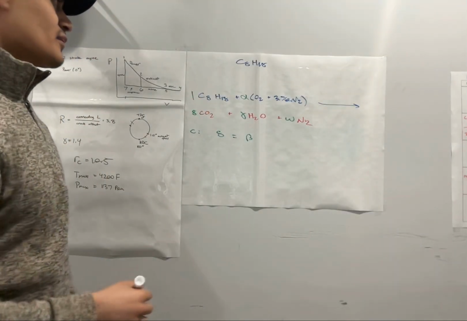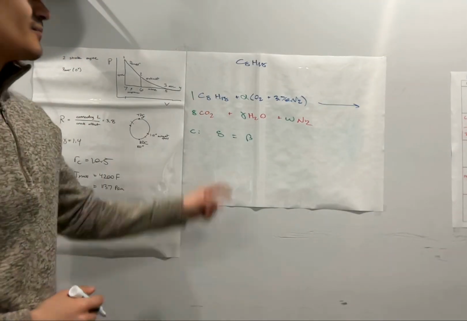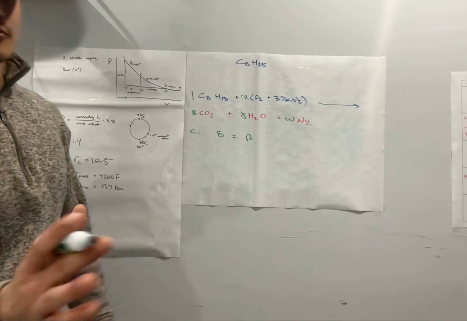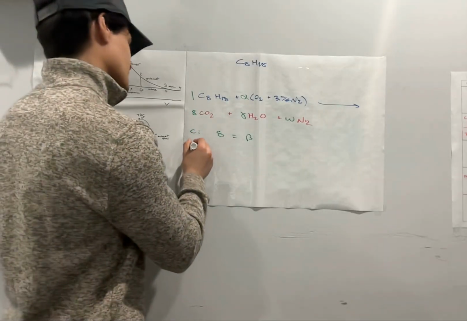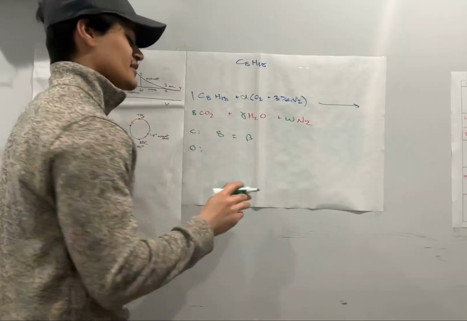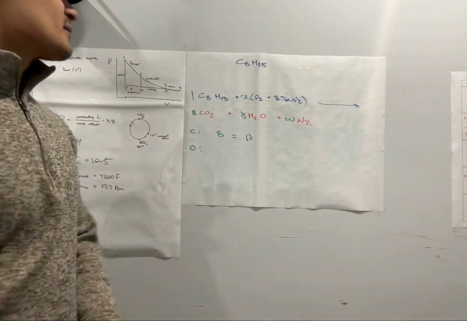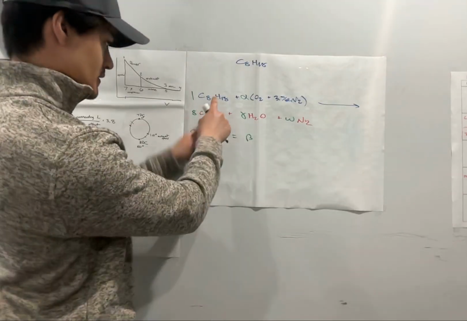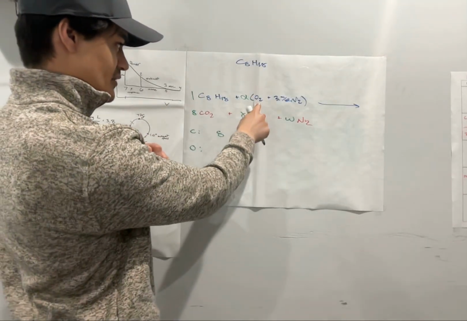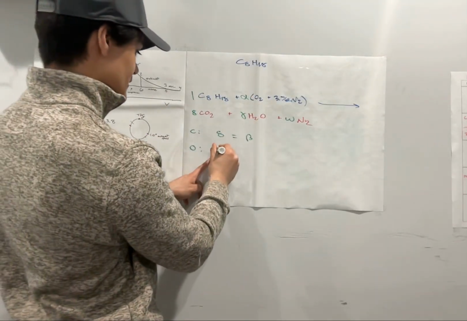We can go with hydrogen next, but let's do oxygen. Just in case you get stuck, doesn't mean you have to stop, you could find another element, right? So right here, I'm going to get alpha times 2, so we'll call it 2 alpha.